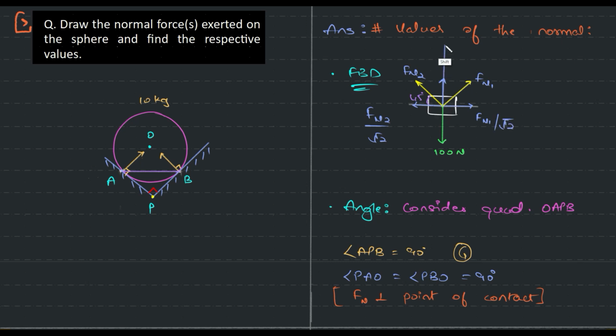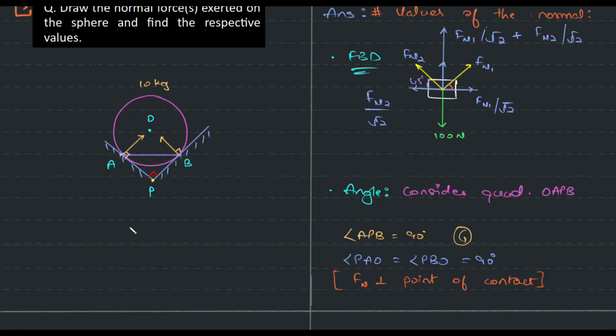And this will be FN1 by root 2 plus FN2 by root 2. I'm just writing the answers, values directly. Okay, yes, by now you guys should be able to resolve vectors, and you should be able to understand that I'm just adding the vectors.